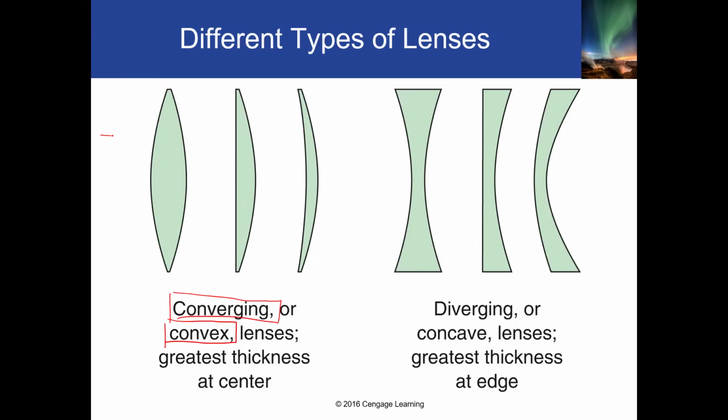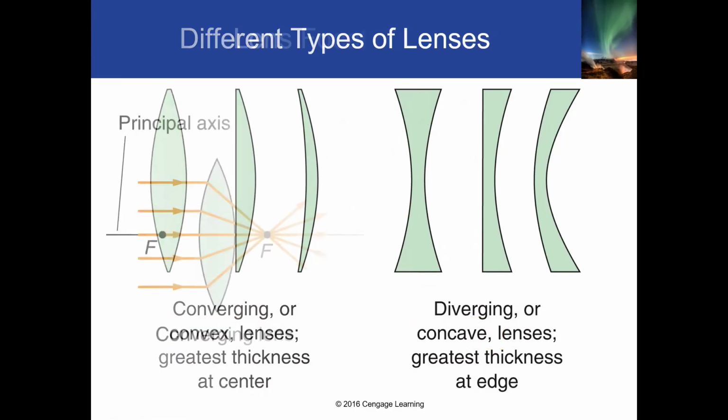When the light passes through, it will converge to a focal point. And because of this shape, it's called concave. But when the light is refracted, it will diverge. So that is called a diverging lens.